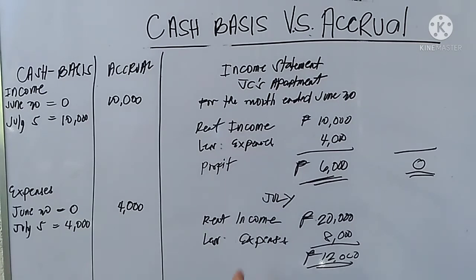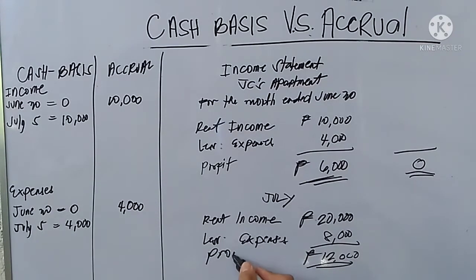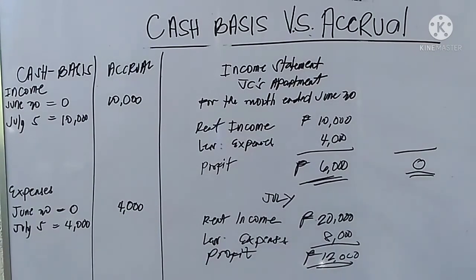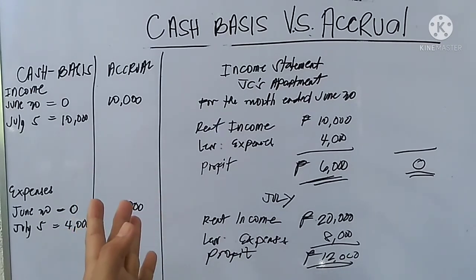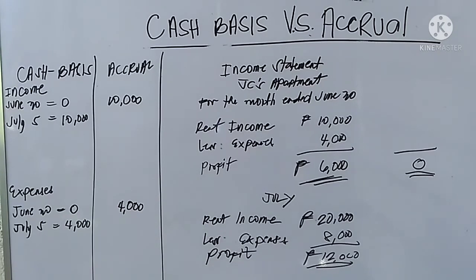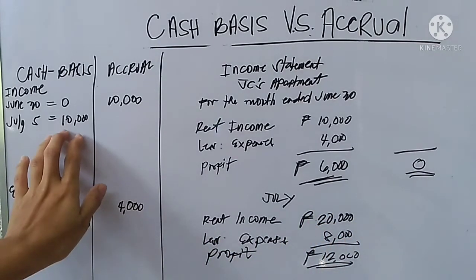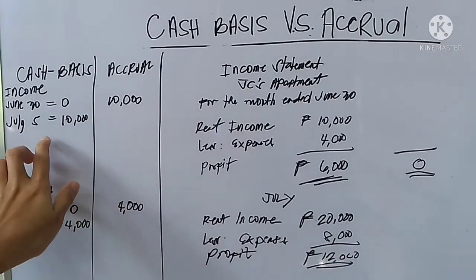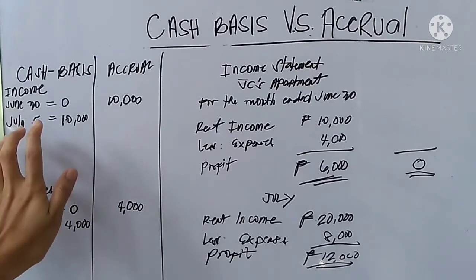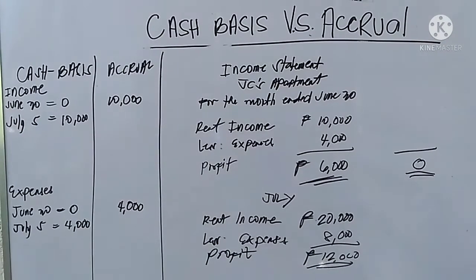So, for July naman, what will happen in July is why it is misleading. The cash basis is said to be misleading kasi as you can see, in July, for our cash basis, meron tayong rent income na. For example, sabihin na lang natin na si tenant A ay nagbayad na sa tamang oras.